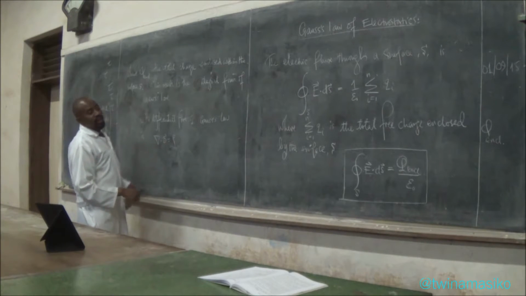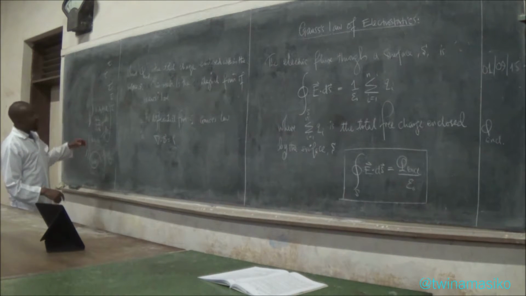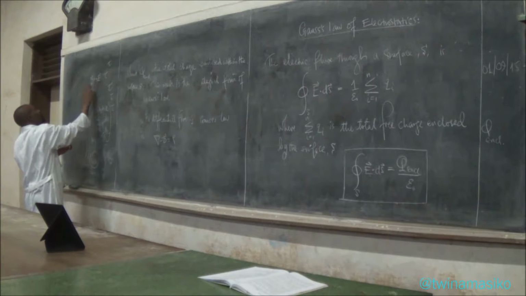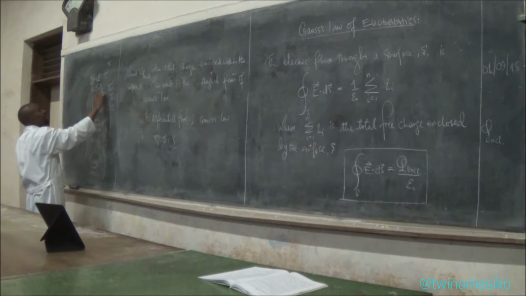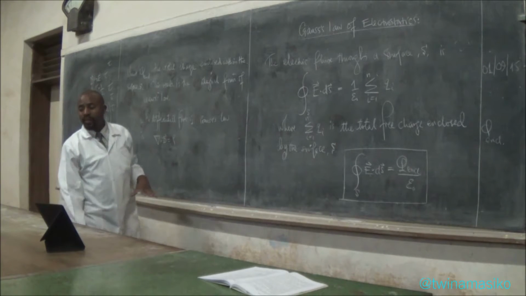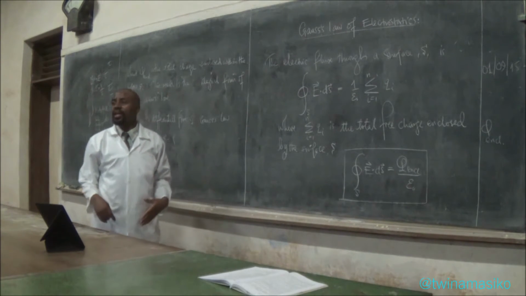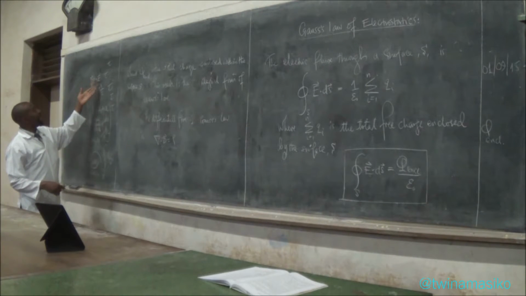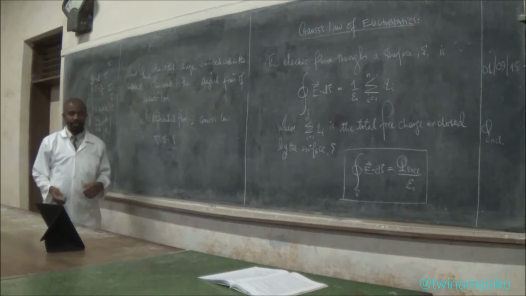Or you will find in some textbooks, where D is equal to epsilon E, so you have the divergence of E equal to rho over epsilon, depending on which media it is placed in. If it is in free space, then it will be epsilon naught. If it is in any other media, then we can take the permittivity to be epsilon.